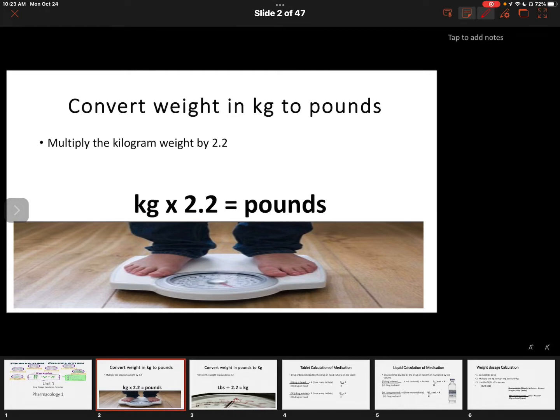So for example, if your patient weighed 20 kilograms and you wanted to convert that into pounds, you would take 20 kilograms, multiply that by 2.2, and you should come out with the answer of 44 pounds. Kilograms look small compared to your answer in pounds.